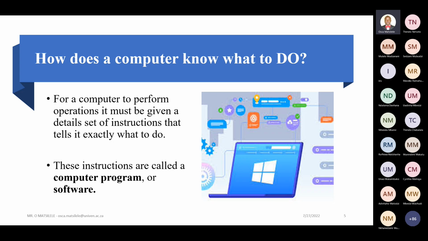Here on the other side of the slide, you can see a computer with the set of instructions that tell it exactly what to do. This is software, a system software or operating system. But we'll go to that on the next slides.